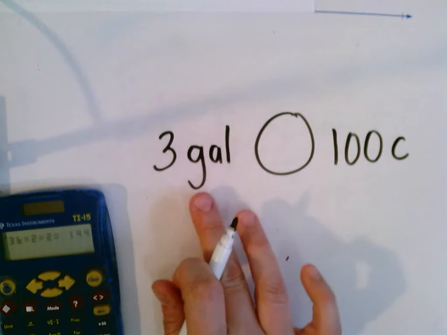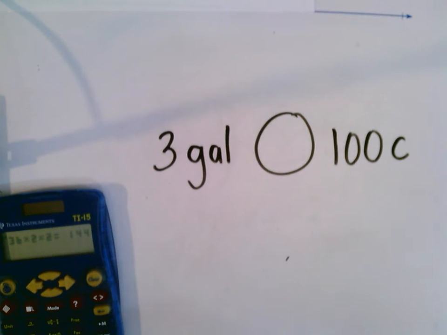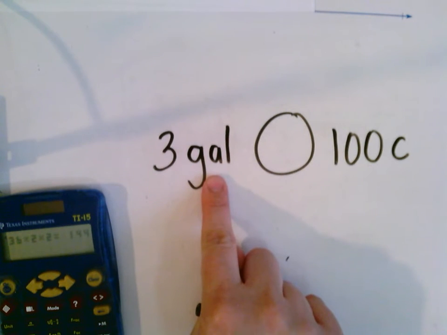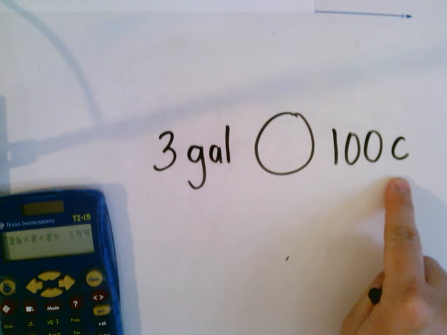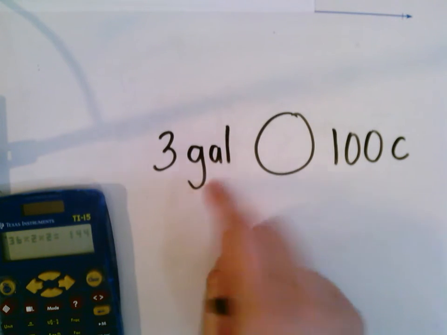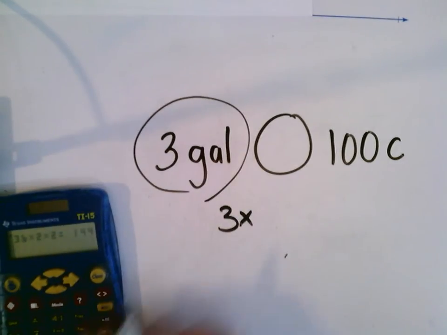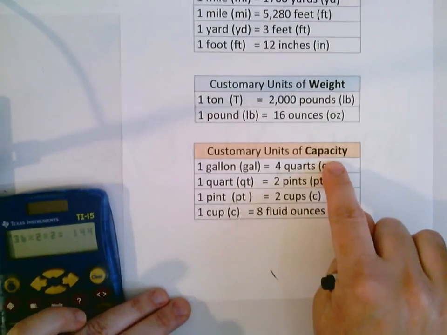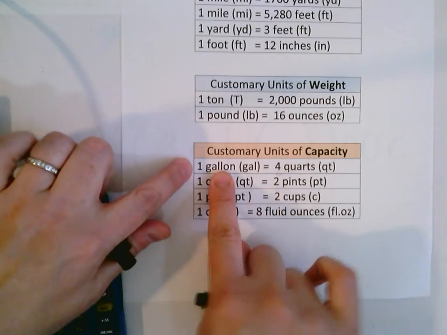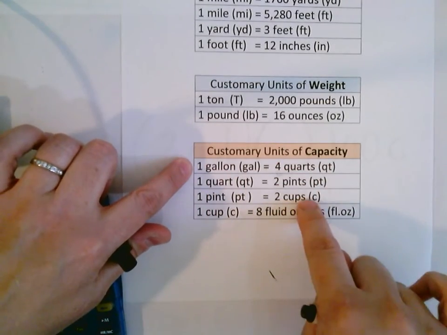First, I'm going to find my larger unit. What's larger, gallons or cups? Were you thinking gallons? Good, gallons. So I'm going to be doing 3 times something because I have 3 gallons. Let's take a look at our capacity chart. Here's gallons. I'm going to find cups on the other side. Cups is way down here.